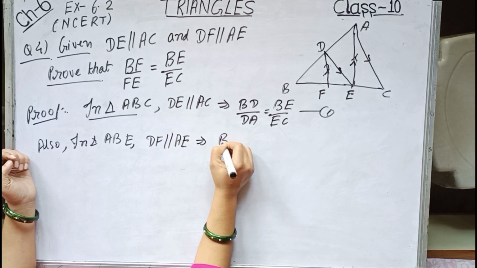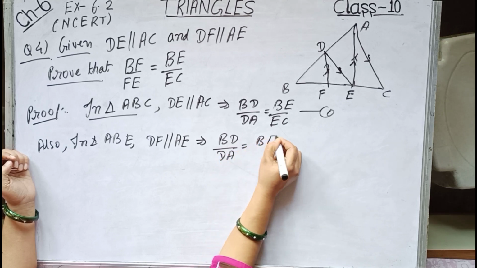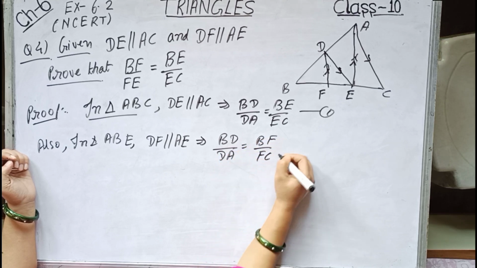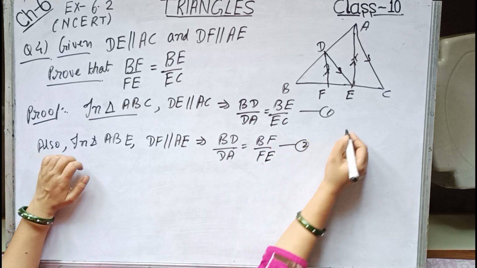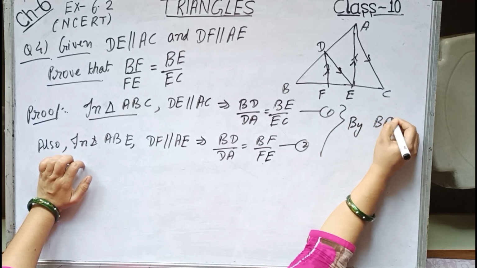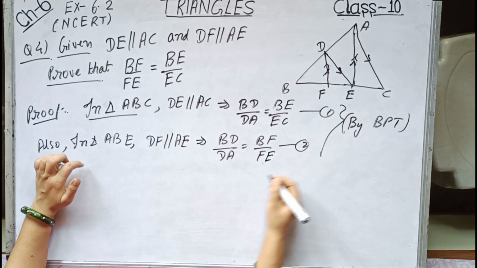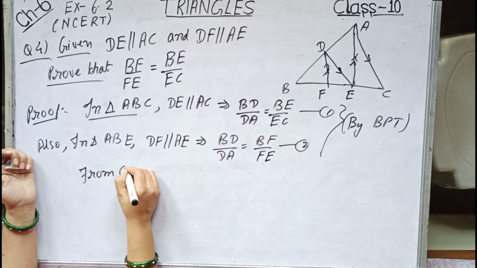This implies BD by DA equals BF by FE. Number 2. And these two follow by BPT or Thales theorem.